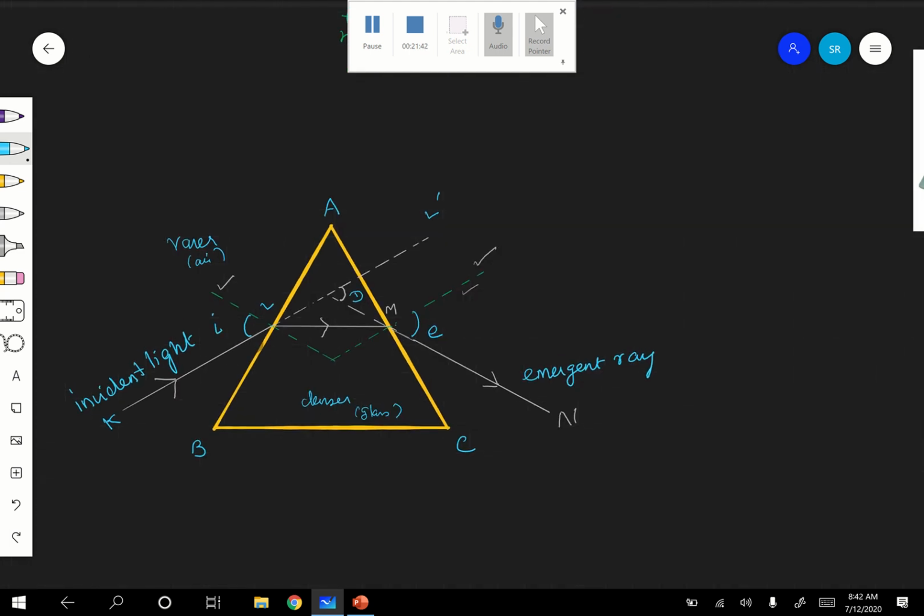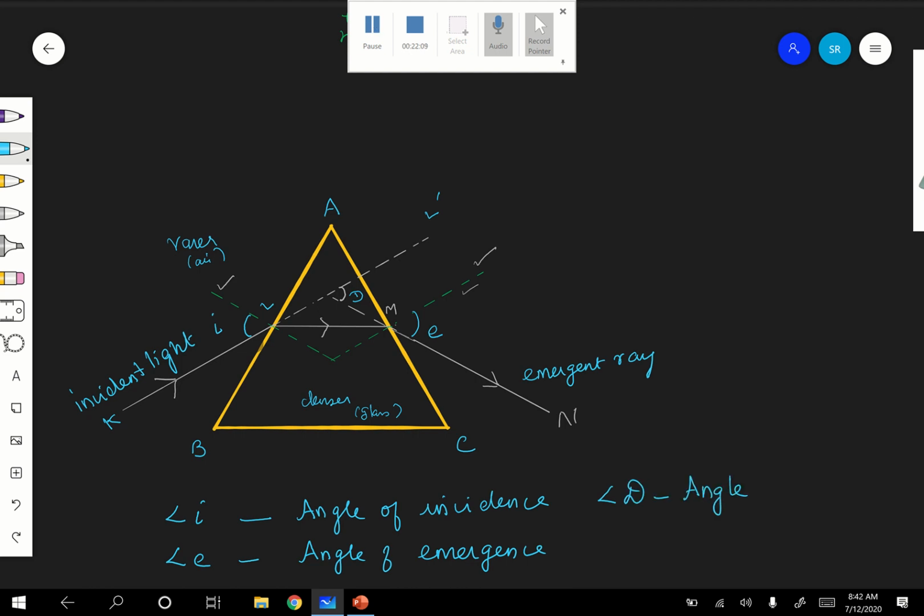Angle I is the angle of incidence, and angle E is the angle of emergence. And angle D, very important, is the angle of deviation.